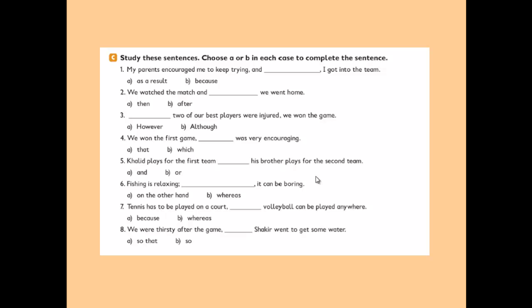Number six. Fishing is relaxing. On the other hand, it can be boring. Number seven. Tennis has to be played on a court, whereas volleyball can be played anywhere.